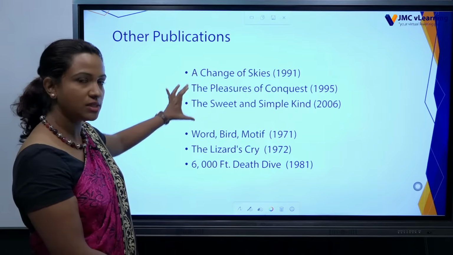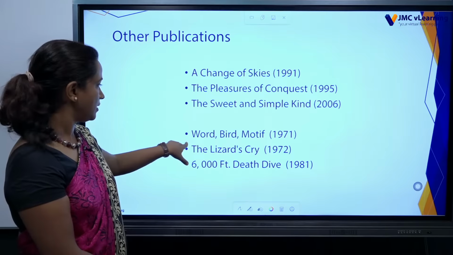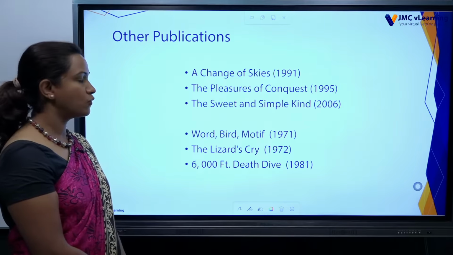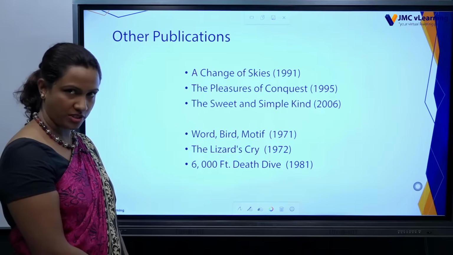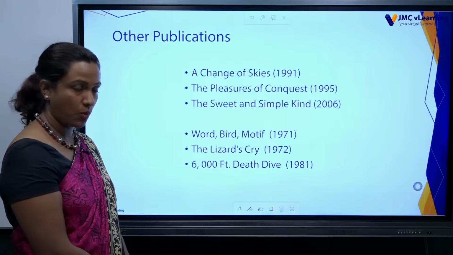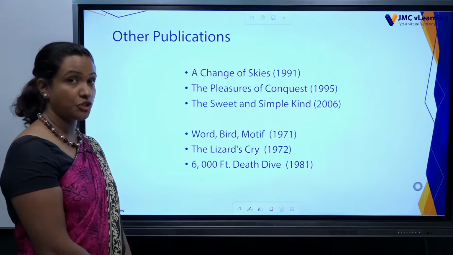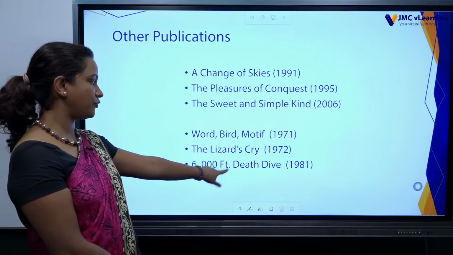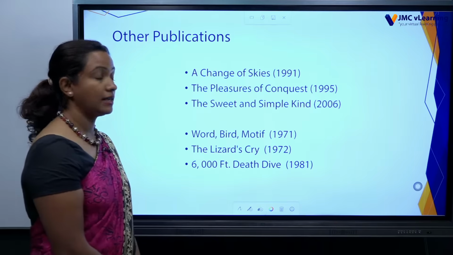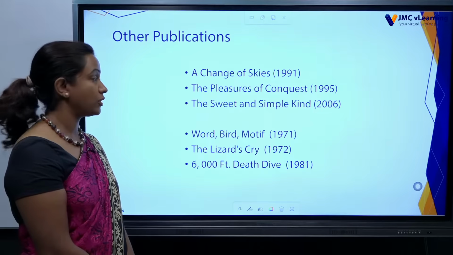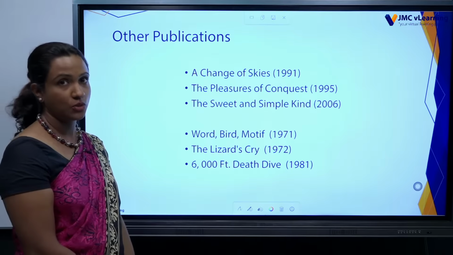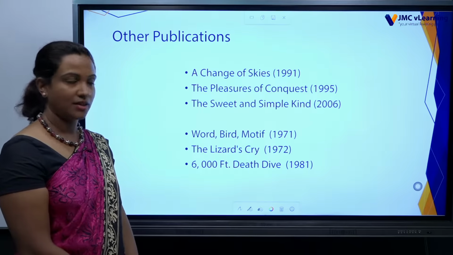So these are the novels and these are the poems. The first poem is Bird Motif in 1971, The Lizard's Cry in 1972, 6,000 Feet Death Dive in 1981. If you are interested, you can read them again.